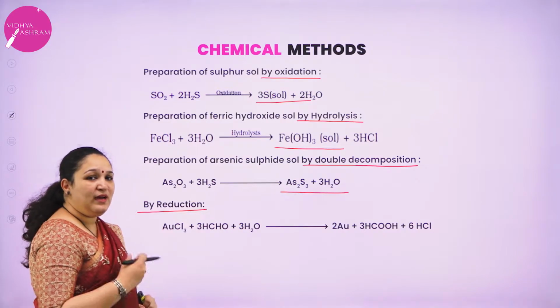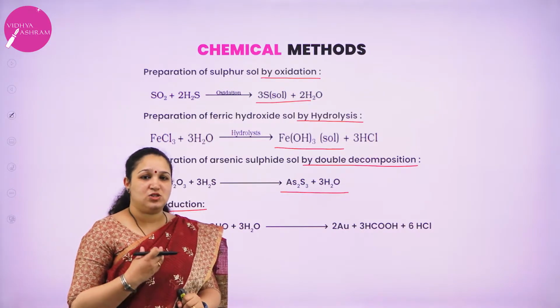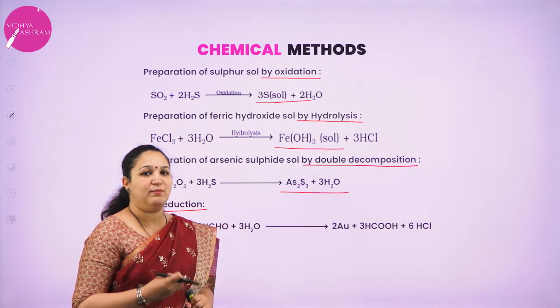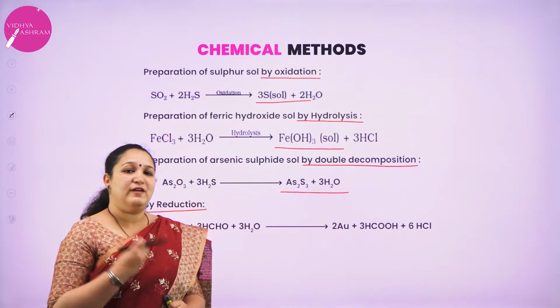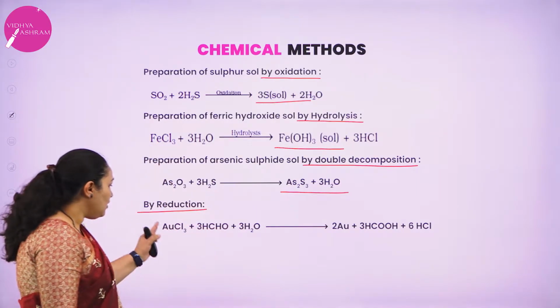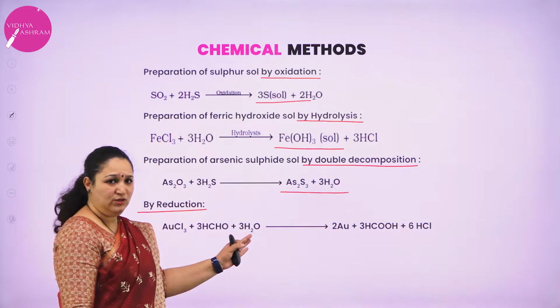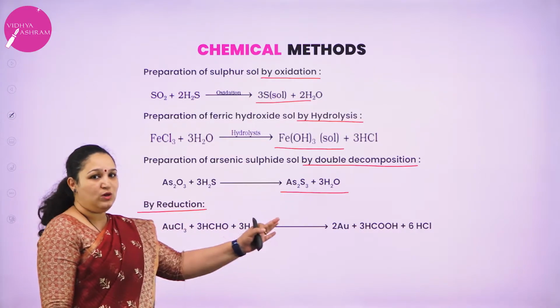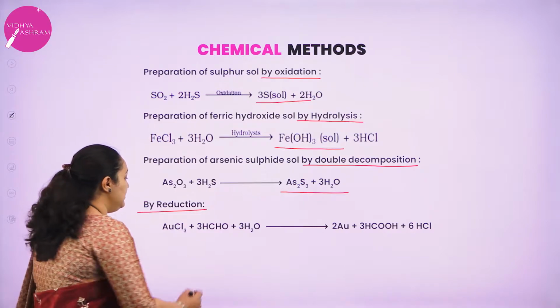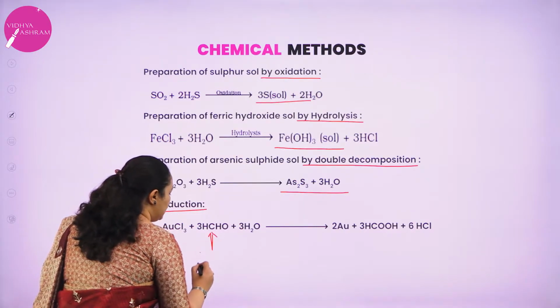In this we are taking a metal salt solution. Whichever metal sol you want to prepare, we have to take its salt solution. We have taken auric chloride solution. I want gold sol, so I have taken auric chloride solution. For this a reducing agent is added.